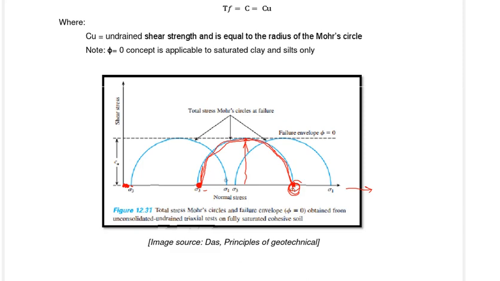So, on the same soil, we have one Mohr circle here.